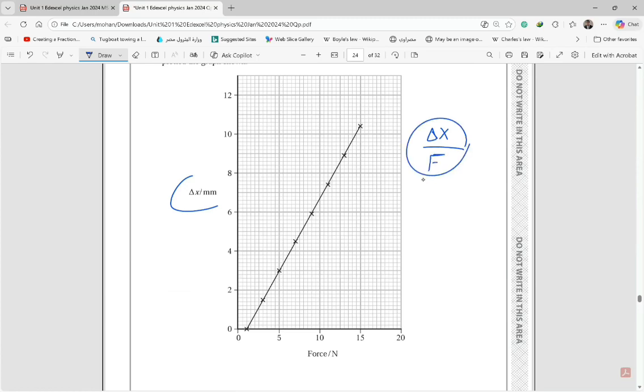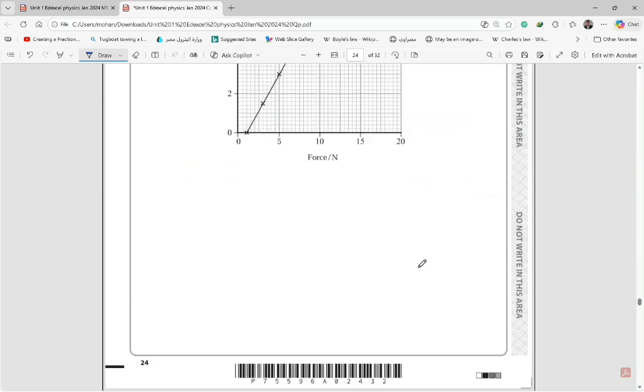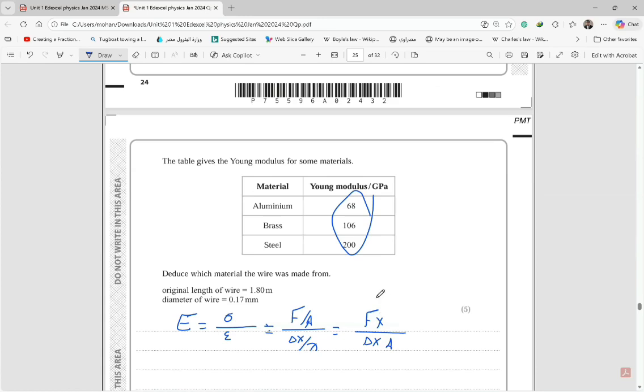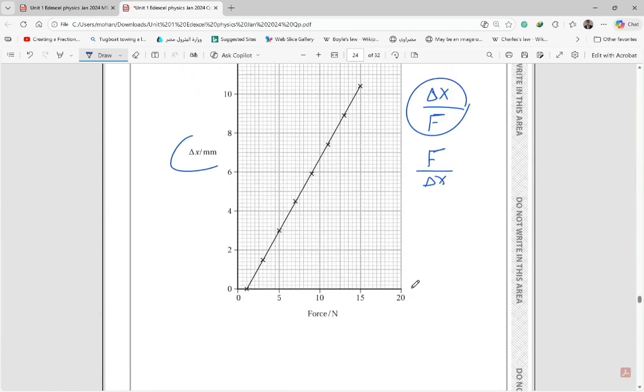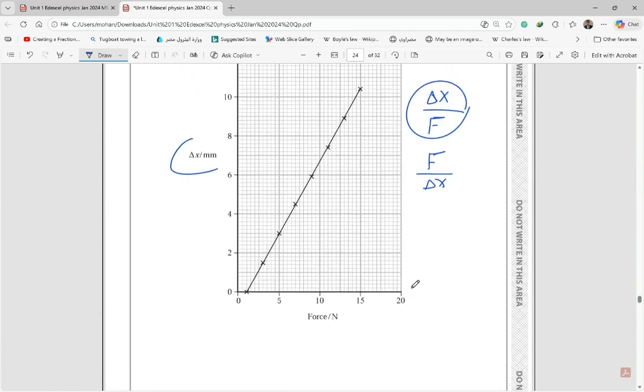But we need F over delta X, multiplied by X over A. Just a second, look here. We can get the gradient. This point is very clear.